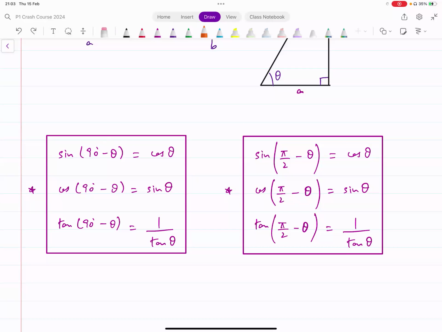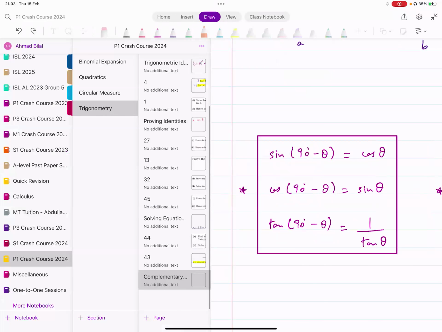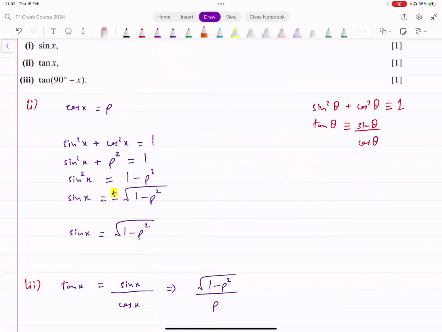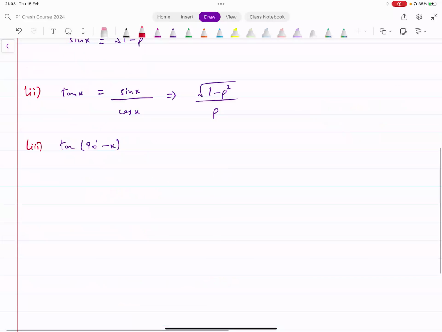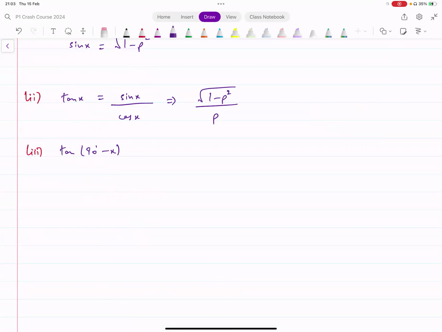Now, if you remember these identities, you can directly figure out what tan of 90 minus theta would be in that question. So let's go back to that question. In the third part, we were asked to find tan of 90 minus x. What's tan of 90 minus x?